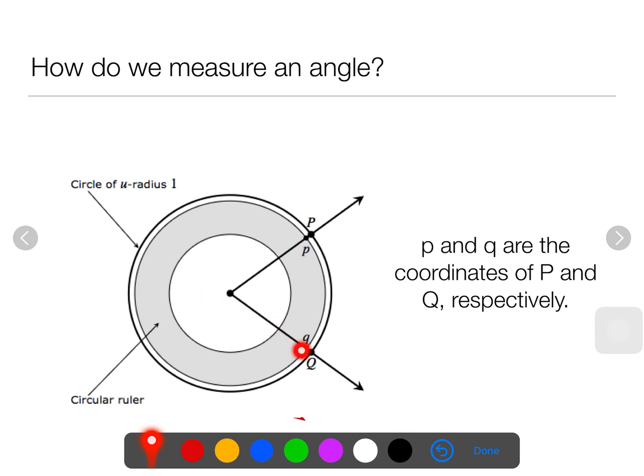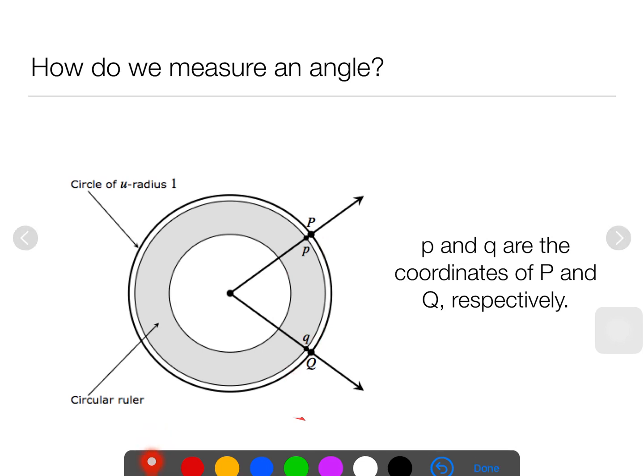And then I have some coordinates on my ruler. P and Q are coordinates on the ruler, and points P and Q line up with those coordinates. So we're going to see if there's a way that maybe we can measure the angle with a circular ruler.